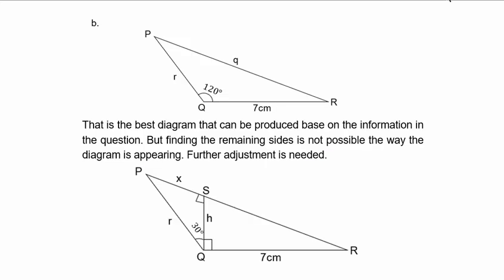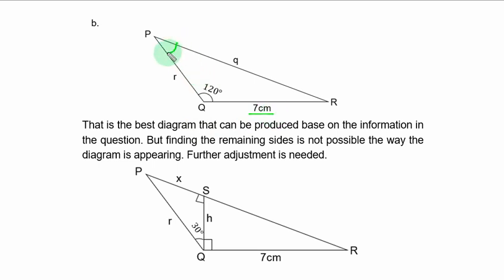Part B of that problem. What you have here is the best diagram that can be produced based on the information in the question. But finding the remaining sides is not possible the way the diagram is appearing. If you are to go by sine rule, for this side you need the angle.